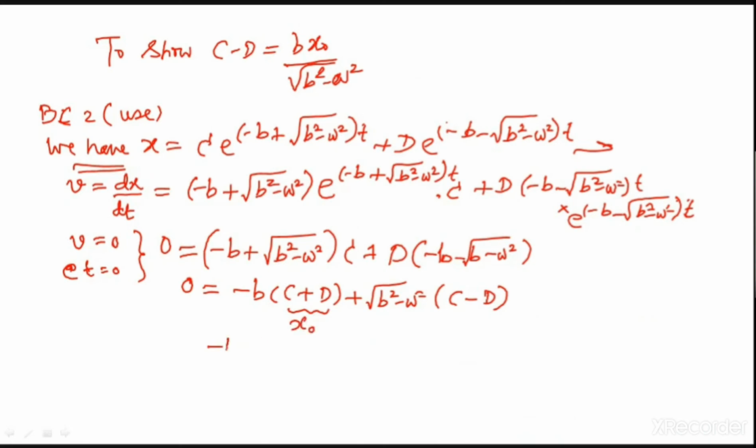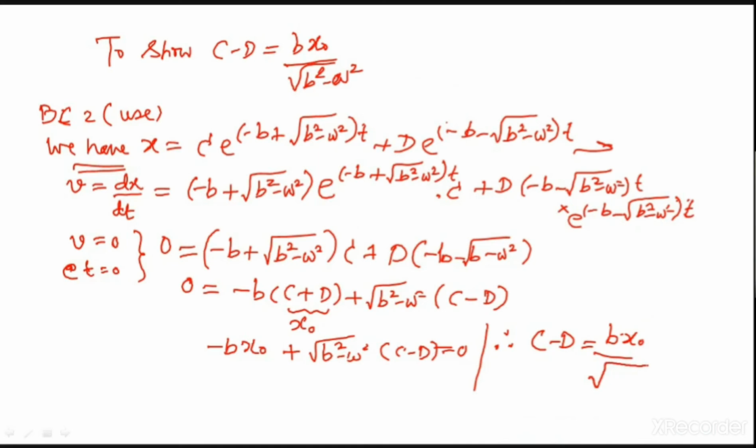Therefore minus b x naught plus root of b square minus omega square into C minus D is equal to 0. Therefore, I can write C minus D is equal to b x naught by root of b square minus omega square. That is what we have here.